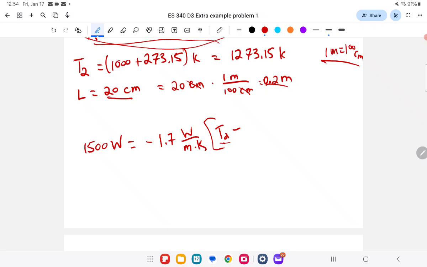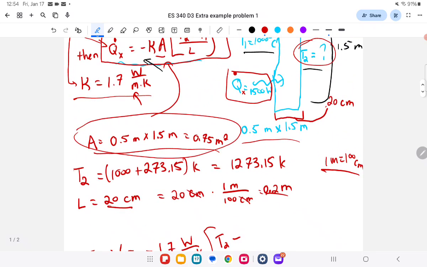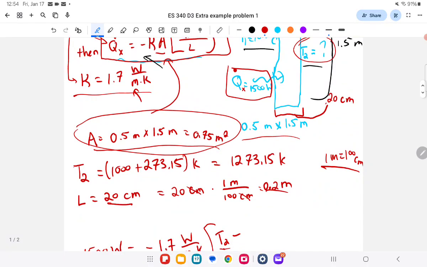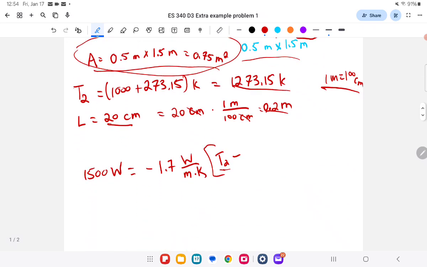Since we're only looking for this piece, we are going to need to convert T1 here. So T1 is 1000 Celsius plus 273.15 to get us to Kelvin. So we get 1273.15. And that whole thing is going to be divided by L, which was 0.2.